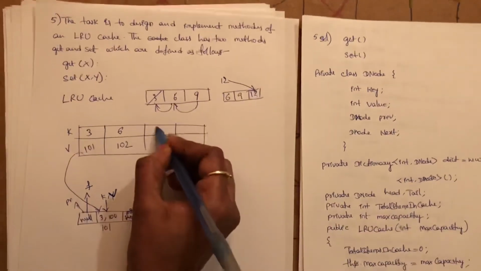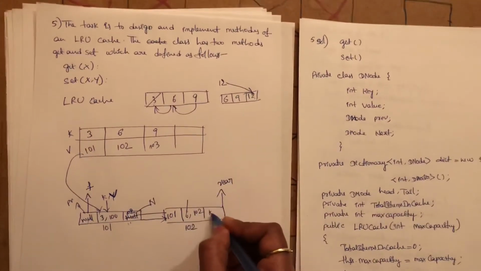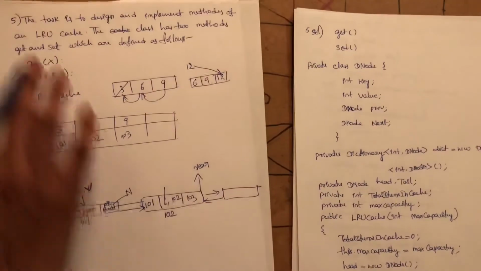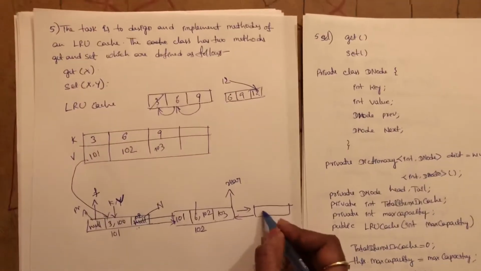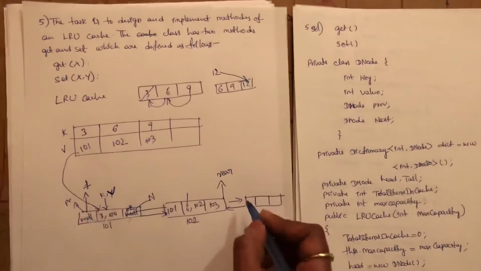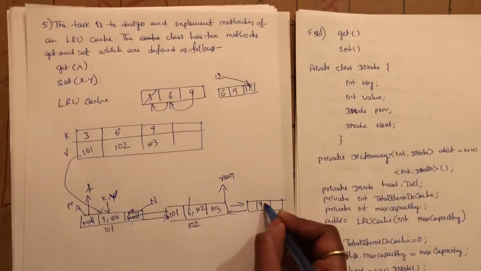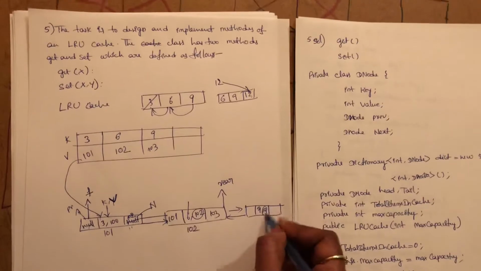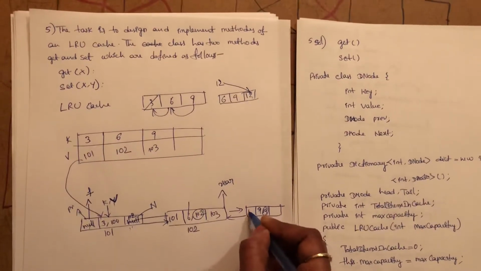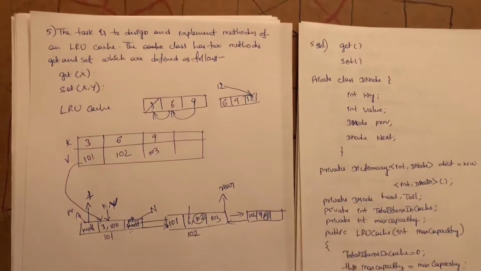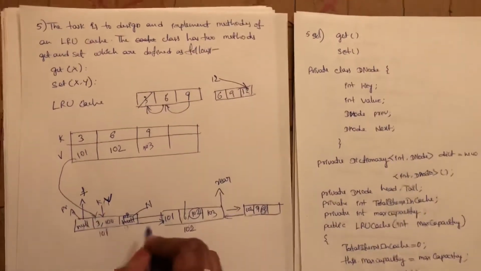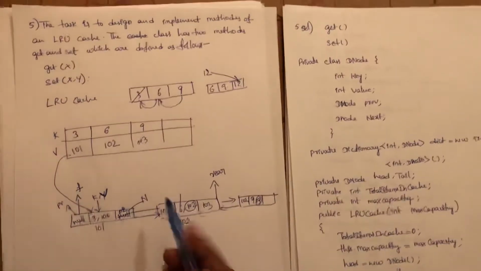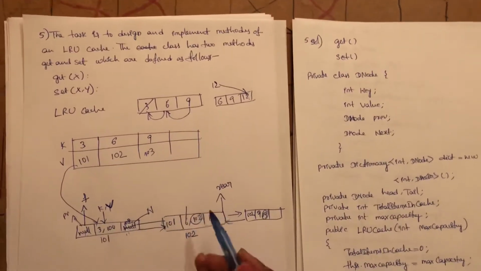If we insert one more, it will become something like 103. Totally we get 9 comma 103, and this is the actual data of the node. The previous is 102, and the next is going to be null. So this is how the data structure is going to be stored in the memory.